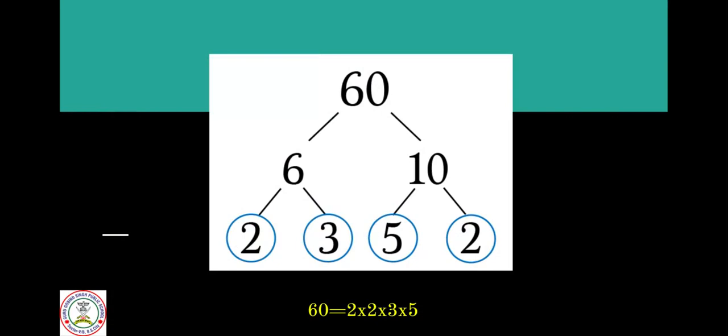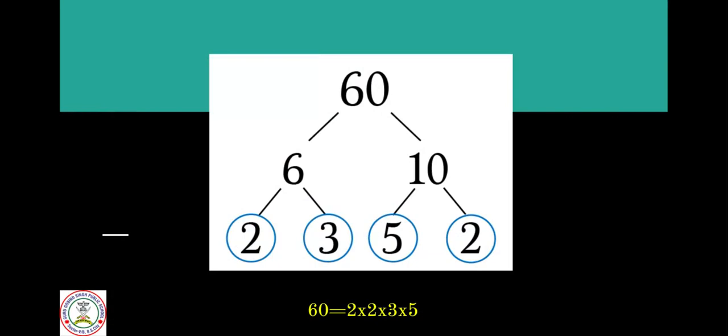We will write at first 60, which will be factorized. At first, split 60 into two numbers, 6 and 10. Split again 6 into 2 and 3. As 2 and 3 are prime numbers, circle them.